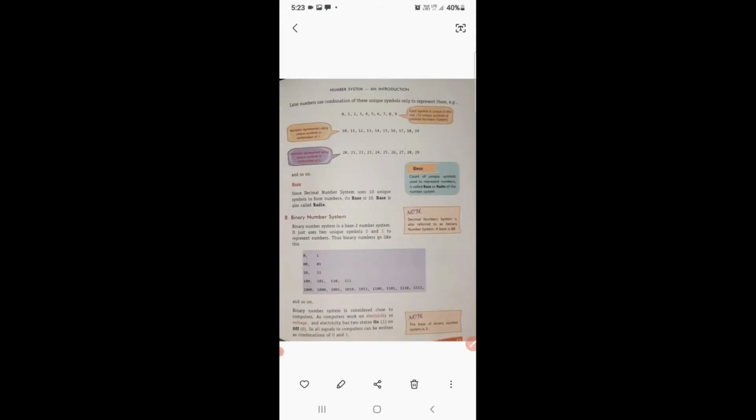When we talk about the binary number system, it consists of 2 digits. It uses unique symbols to form a number, and its base is 2: 0 and 1. As it is written here, 0 and 1. Now 0 and 1 means how many digits are there?